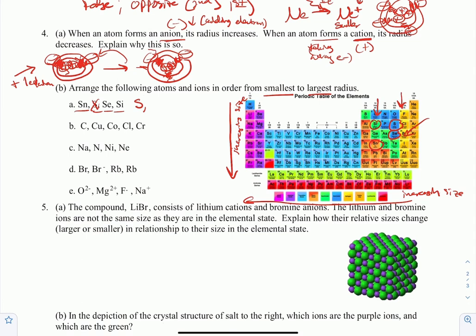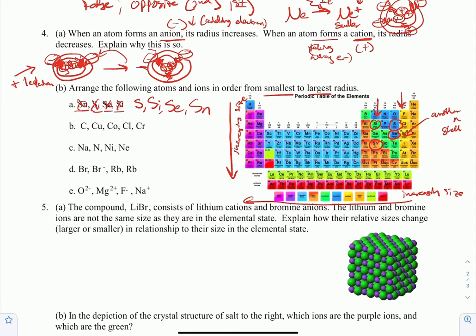The reason is that selenium has another end shell, which makes it significantly bigger than both of those. So silicon is bigger than sulfur, but selenium is bigger than silicon. So I'm going to put silicon here, then selenium, and then by default tin, because it's the furthest down and to the left.